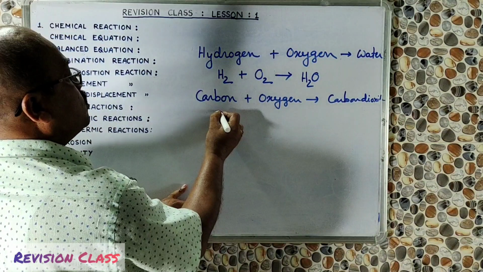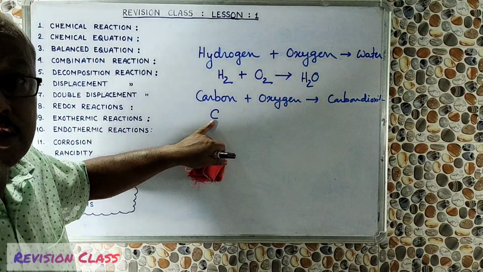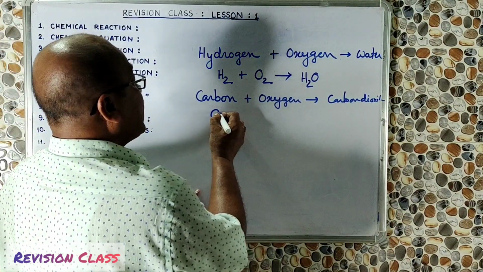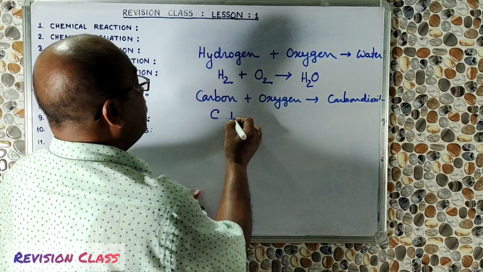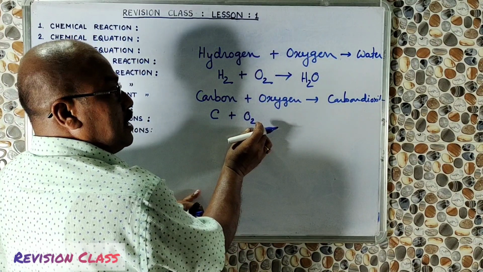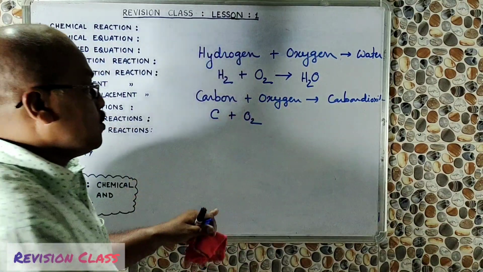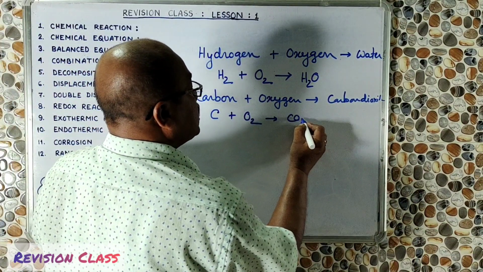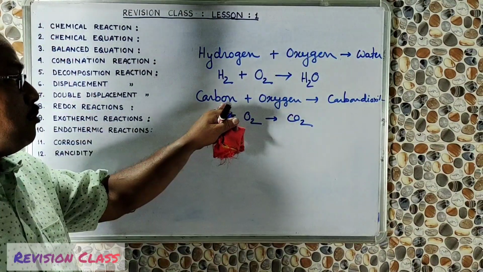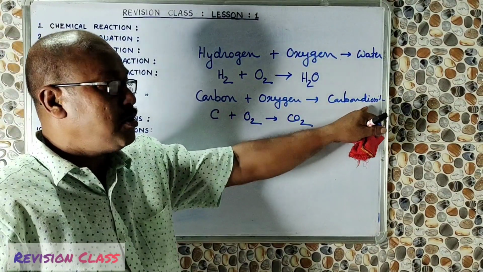Then we will use C, and this is not a formula, remember, it is the symbol of carbon, because it is an atom of carbon combining with not an atom but a molecule, so it will be O2, and this again is a formula. So we get C plus O2 producing carbon dioxide. It is also a representation of this chemical reaction, that carbon plus oxygen produces carbon dioxide.